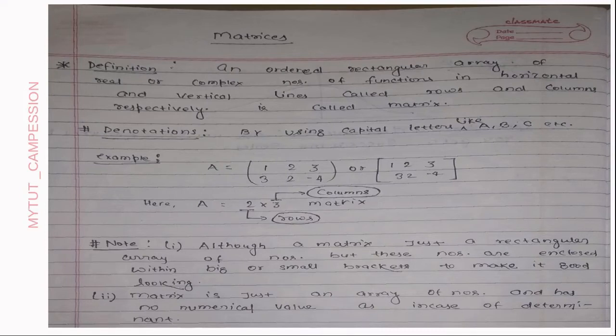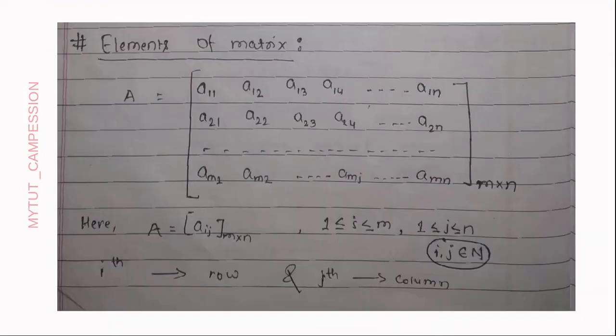Now I will see the elements of a matrix. Here is a matrix A with elements a11, a12, a13.